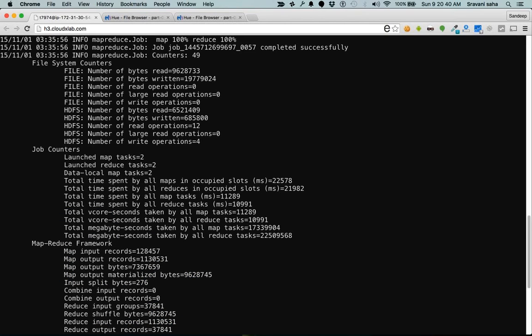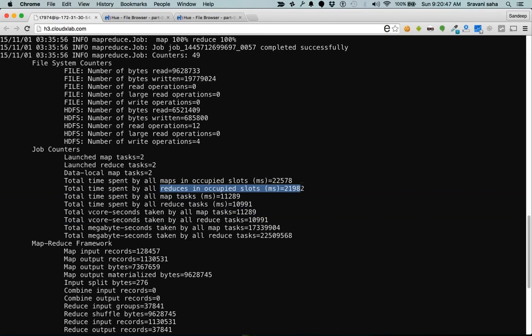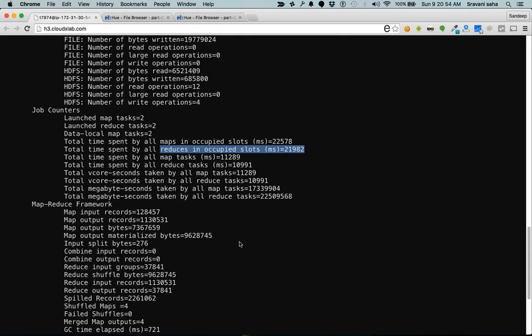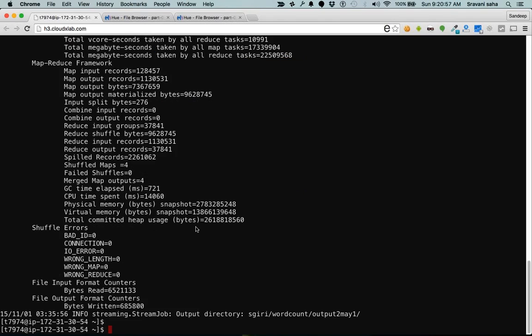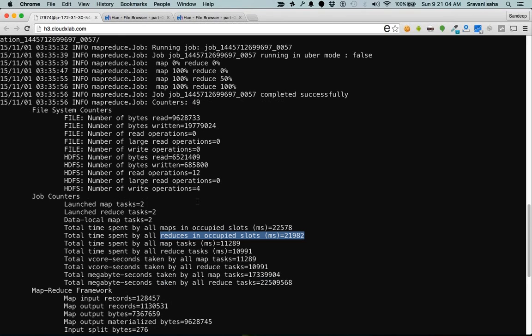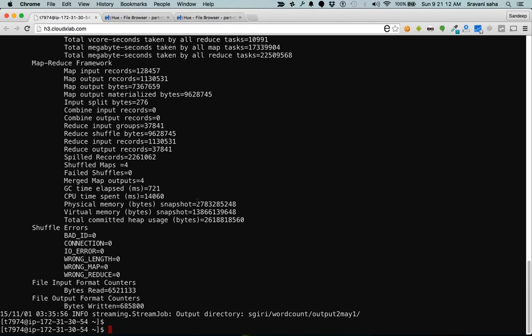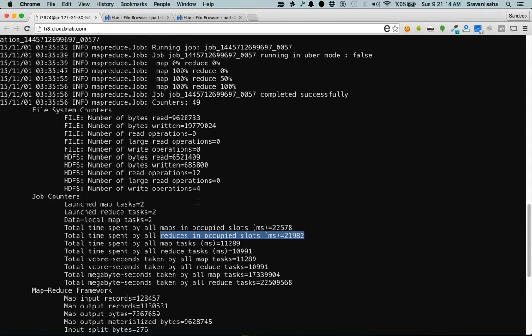If you have a lot of time going in the reduce occupied slot, and the time taken by the network transfer, basically you observe how much time is spent by all reduce tasks.